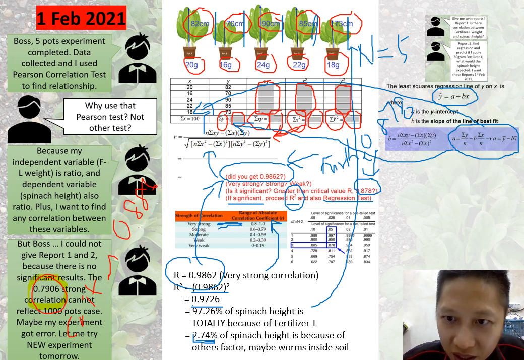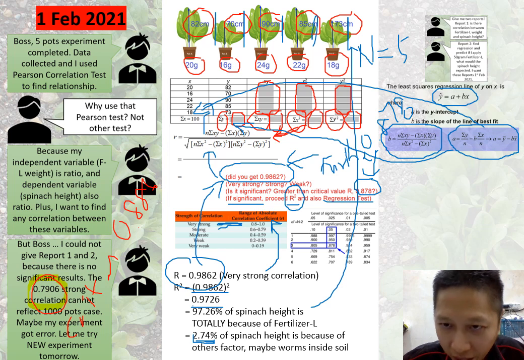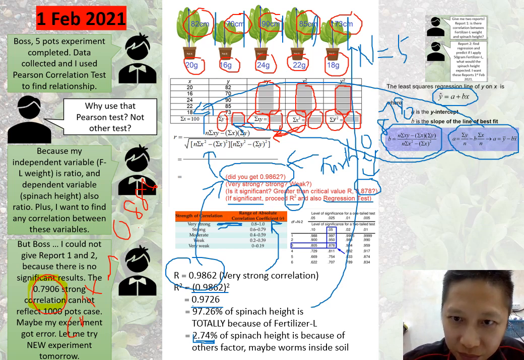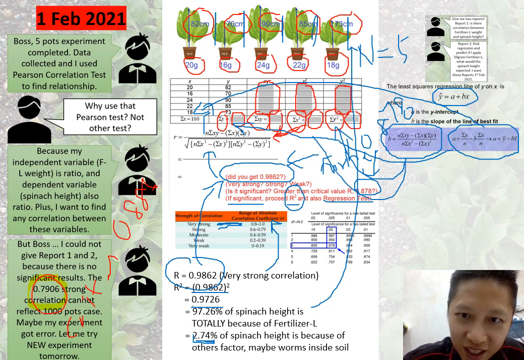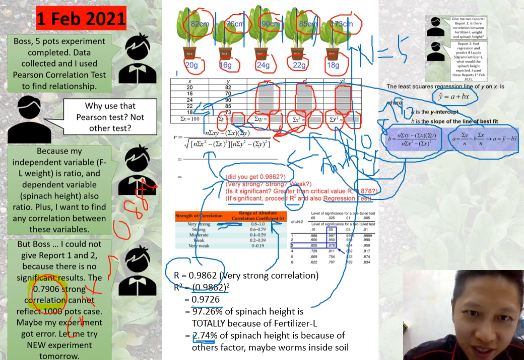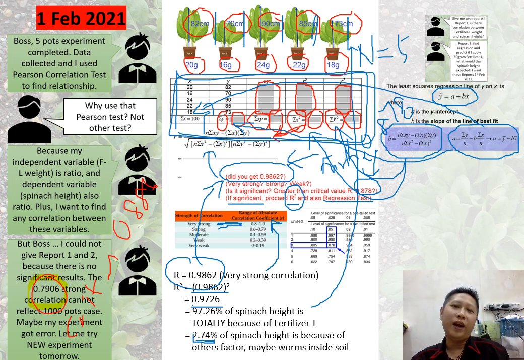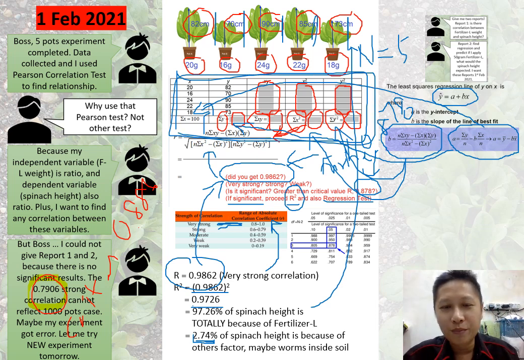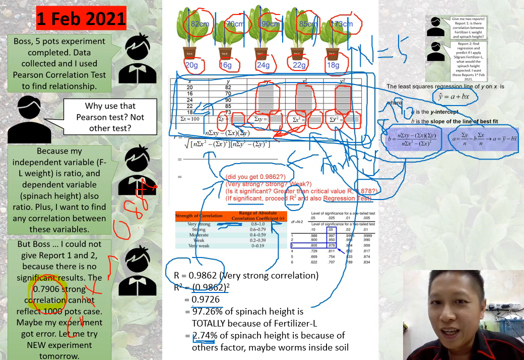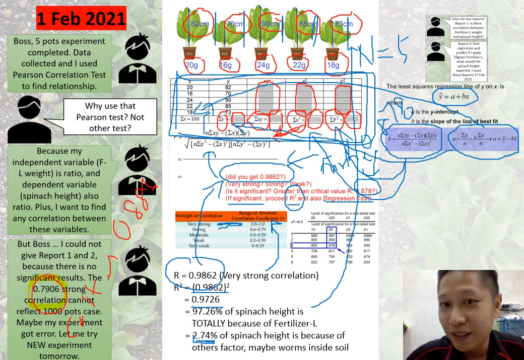How about B? B is represented by this formula. Where can we get the numbers from to plug in? From this table also. See, this table is very useful. So next time when you encounter this kind of problem, you need to find the correlation or the regression, remember this table.